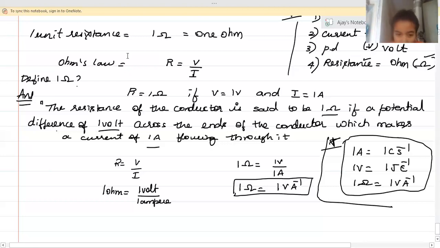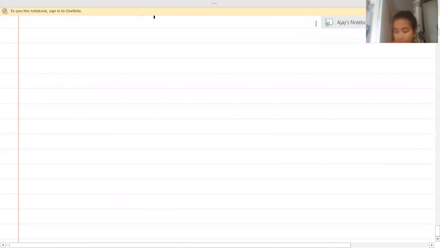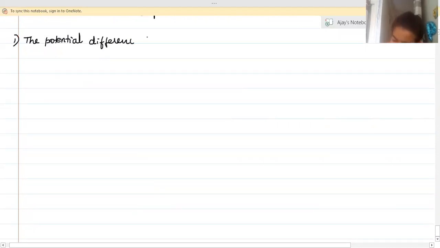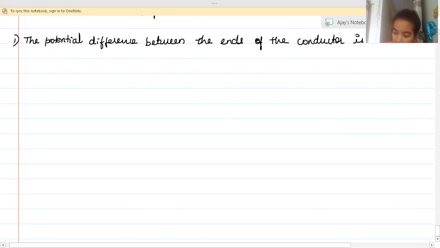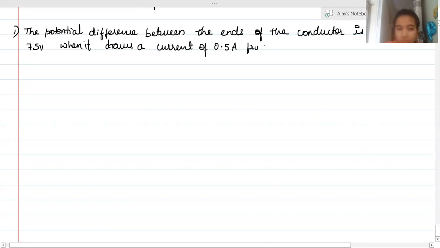Okay. So write down the problem. The potential difference between the ends of the conductor is 75 volts when it draws a current of 0.5 ampere from the source.